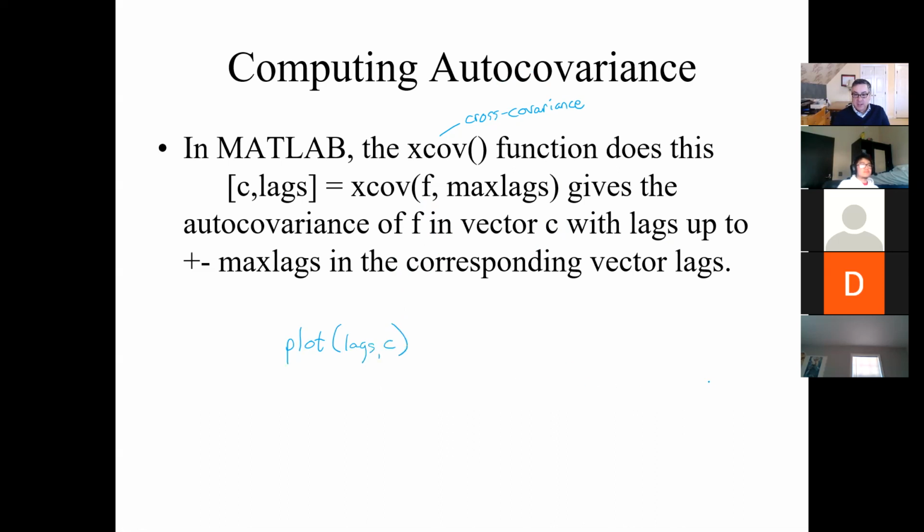It will give you a plot going up to whatever you decided, if you wanted to go just plus or minus 10 in lags or whatever. And it will give you some plot that looks like that.